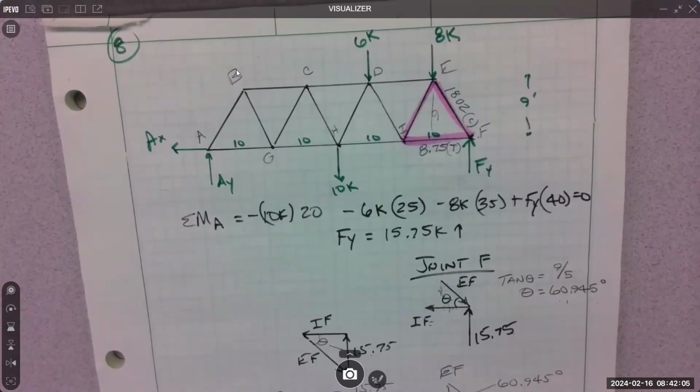Now what? Yeah, got to go to E. There's too many unknowns at I. There's 1, 2, 3 at I. At E, there's 2 unknowns.